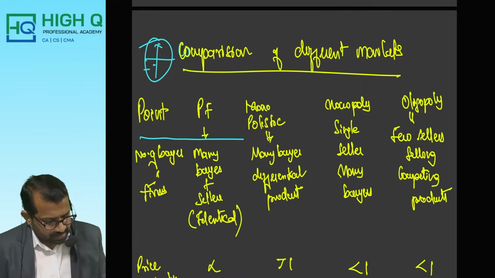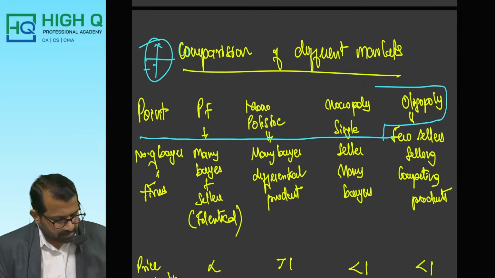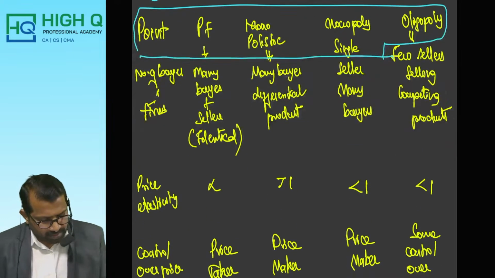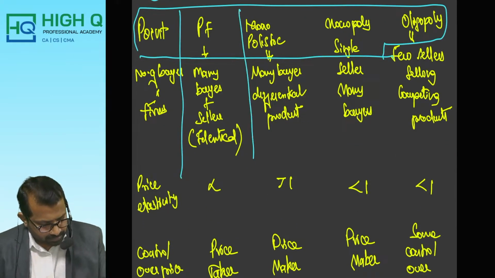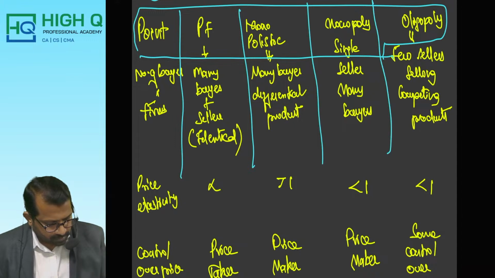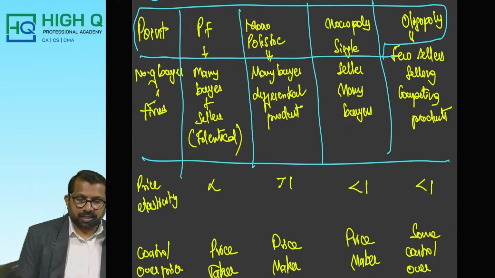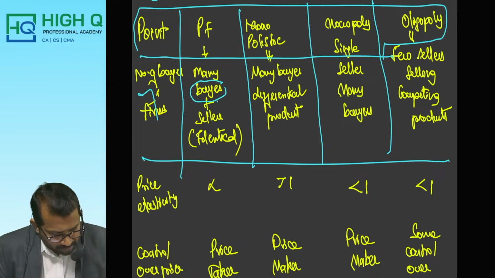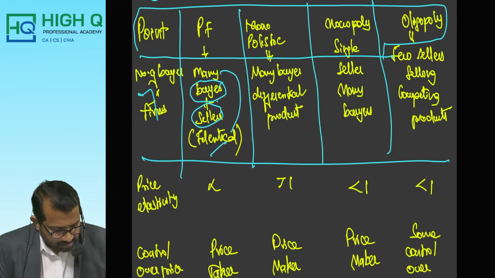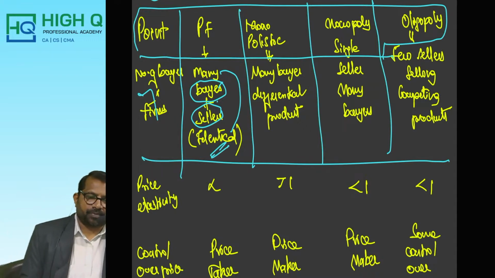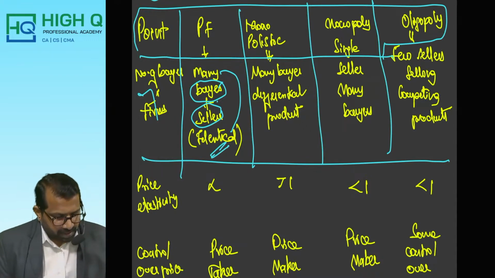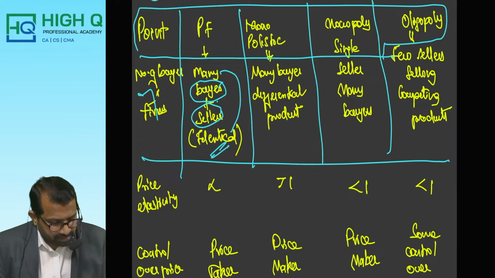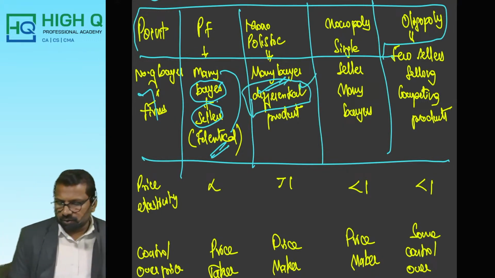Now just here, as per this table, there are 4 classification. First classification, number of buyers and firms. Perfect competition, many buyers and sellers, identical goods. But here monopolistic competition, many buyers but they used to sell differentiated goods.